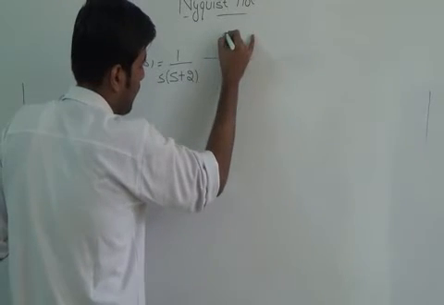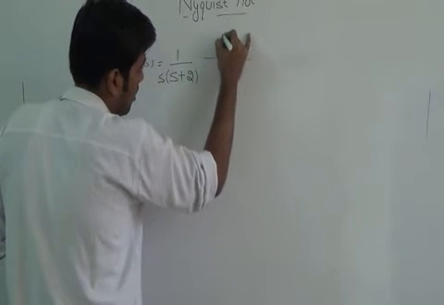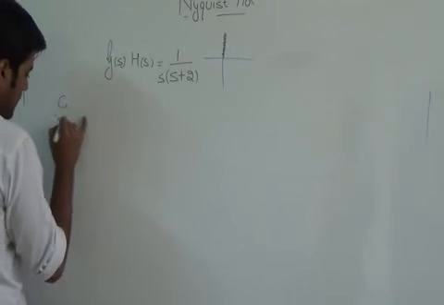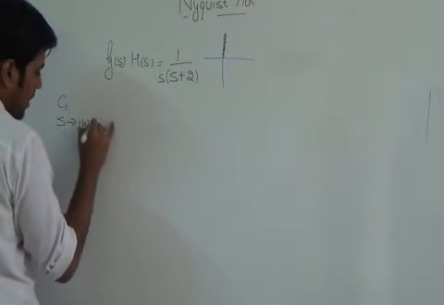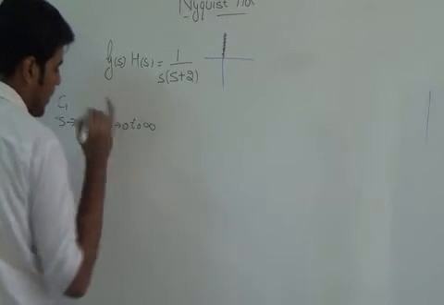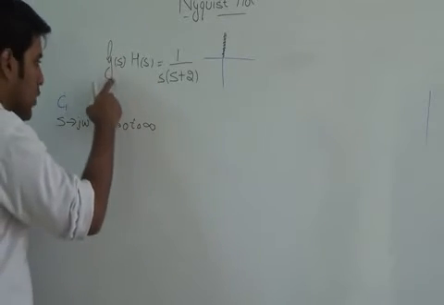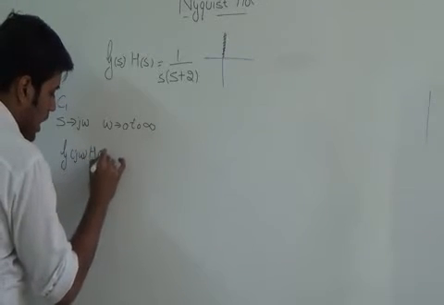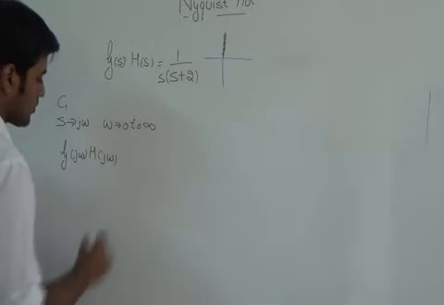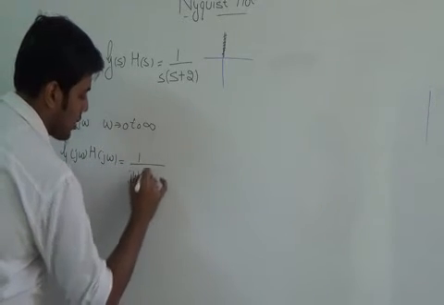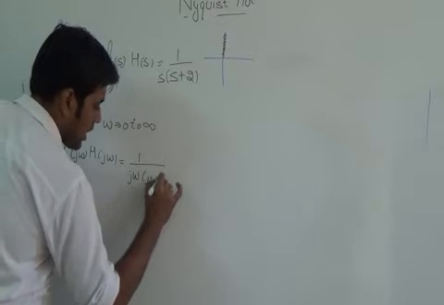I will find out for this region, S = j omega goes from 0 to infinity. Here put z omega in place of S. G(j omega) H(j omega) is 1 divided by j omega times (j omega plus 2).